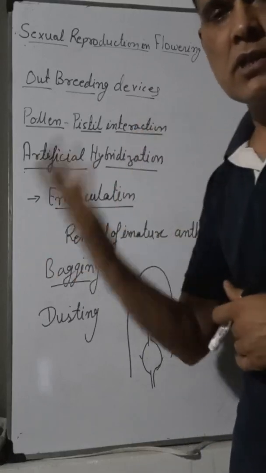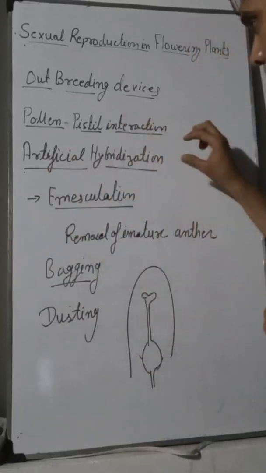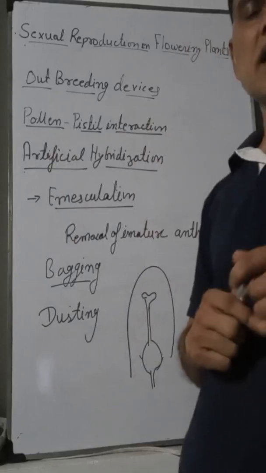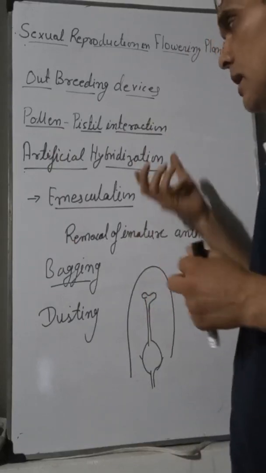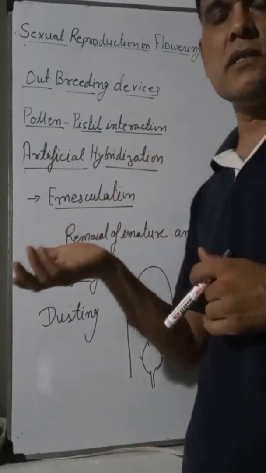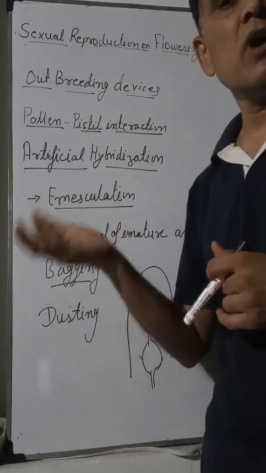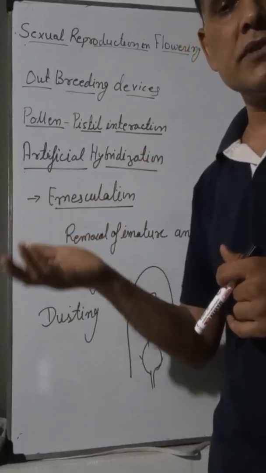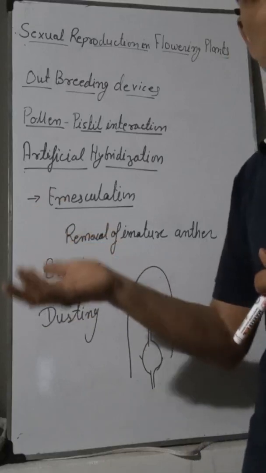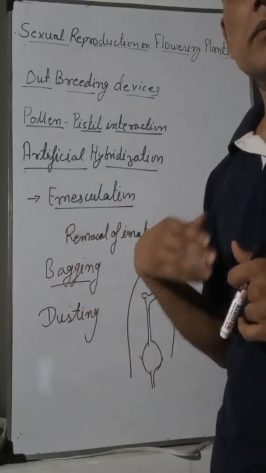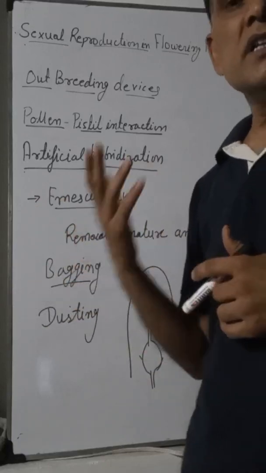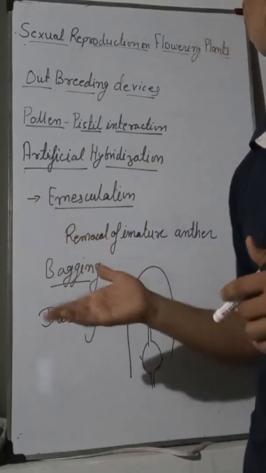These are the post pollination changes. And the third one is artificial hybridization. Through artificial hybridization, plant breeders improve the quality of fruits, quality of seeds, or quality of different plants. They produce desired characters in the plants.